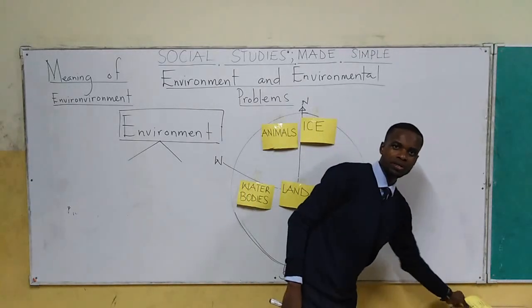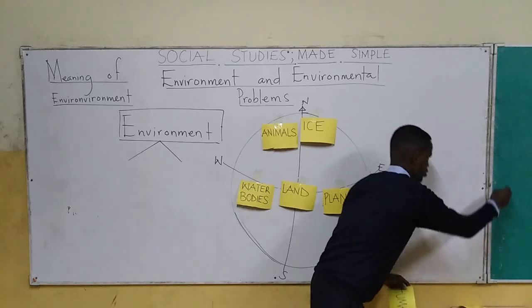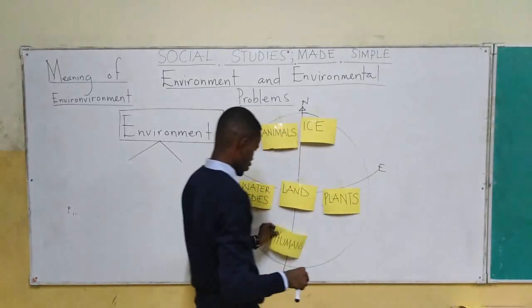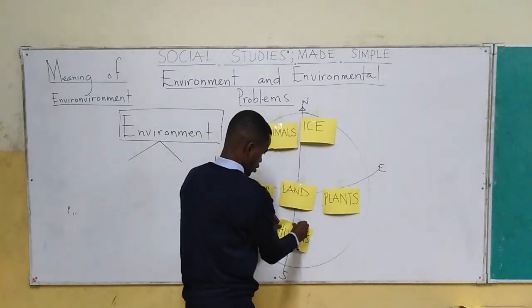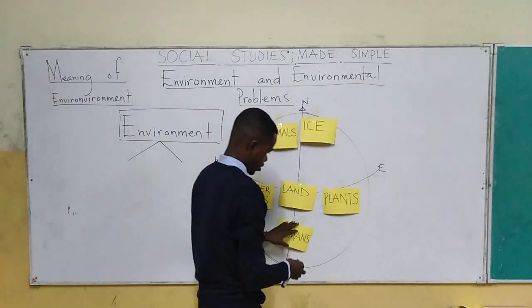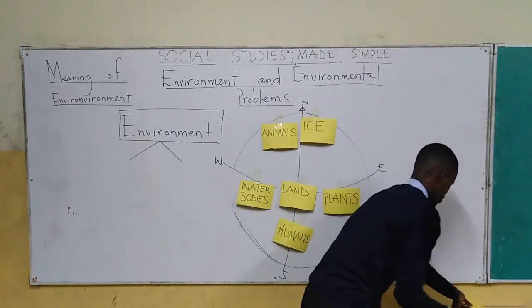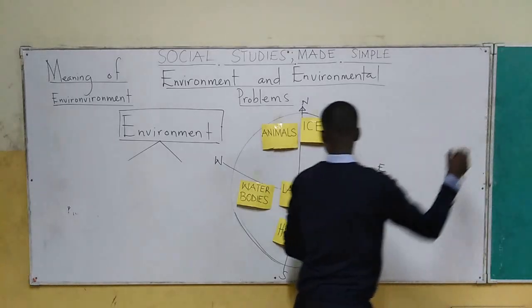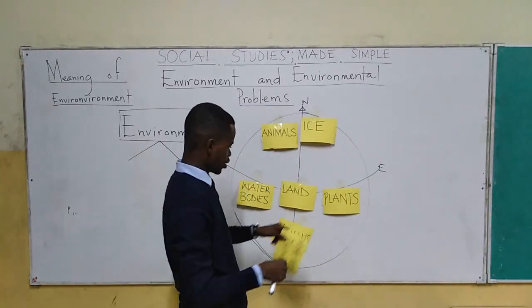We can talk about plants, the surface of the earth. Then we have humans. Controlling the earth.